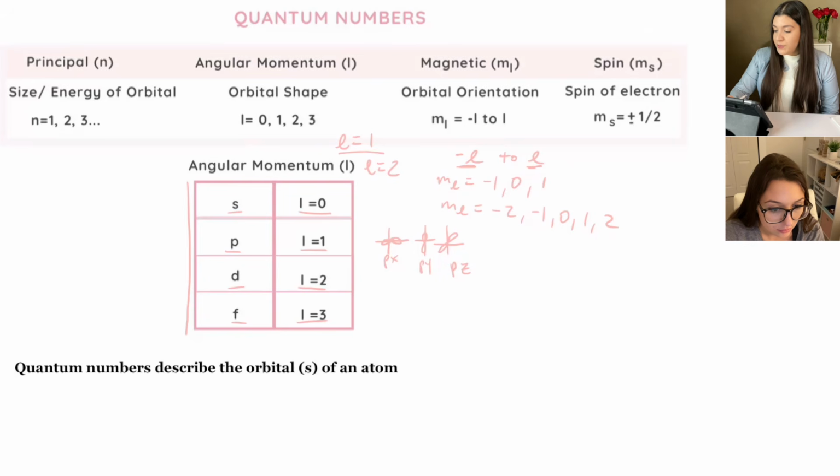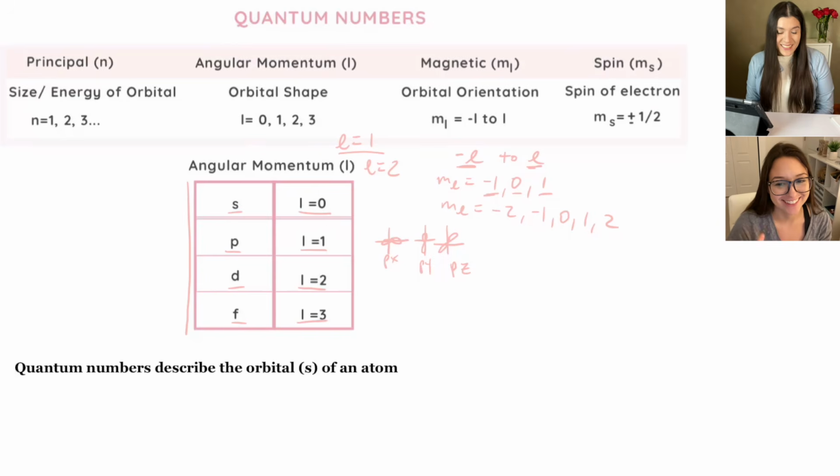So when l was equal to 1, I start off with the negative value, -1, the number in between, 0, and then the last one is just the positive value. I get it now. The first time you said it, I didn't understand where that was coming from, but okay, that makes sense. So that's why we have to memorize the initials so that we can do it. Okay, got it. Yes, perfect.